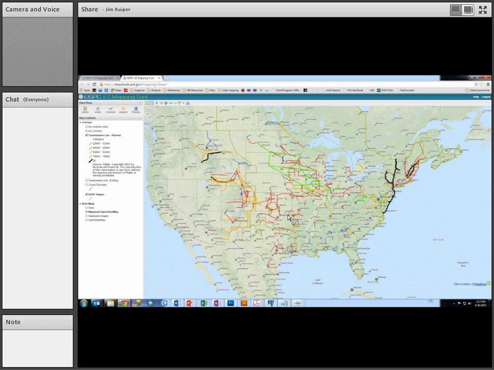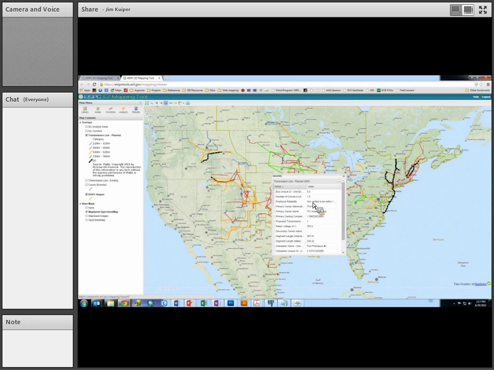And then other ones are more detailed. So like any of these layers, if you use the Identify tool and click on that, it'll show you quite a bit more information about that particular line or feature that you clicked on.